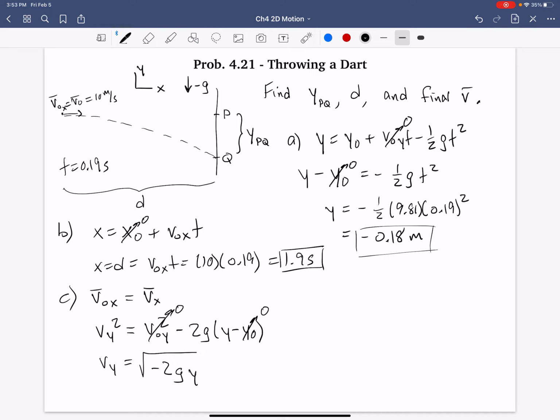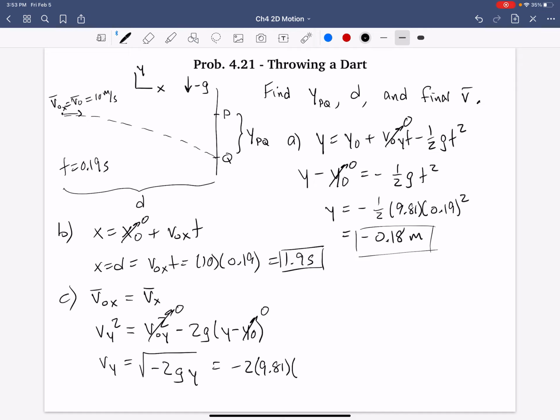So let's hope that this g times y product is a negative to cancel out the negative in there. Otherwise, math will yell at us. So let's see. Minus 2g, we've already put in the minus sign, so don't do it again here.